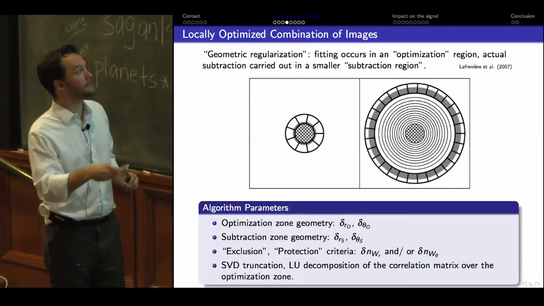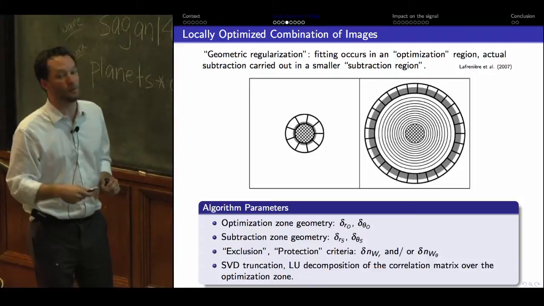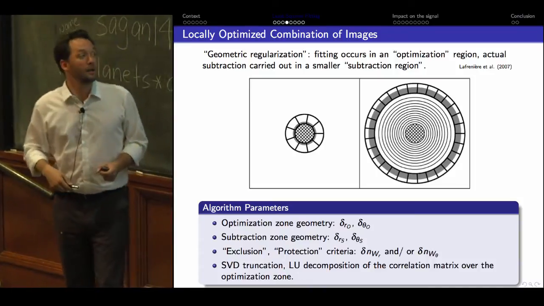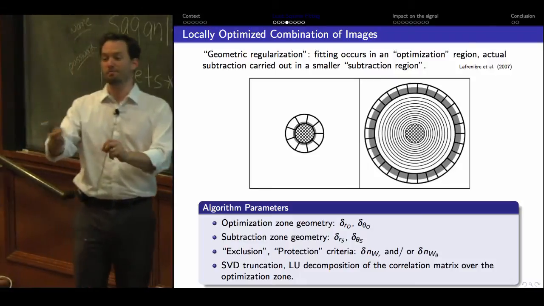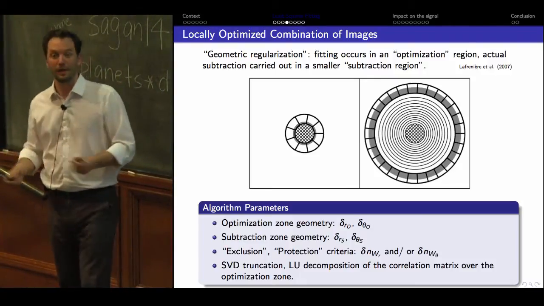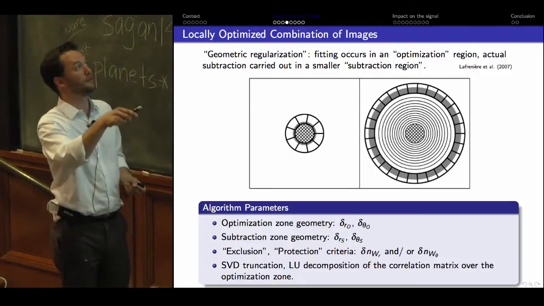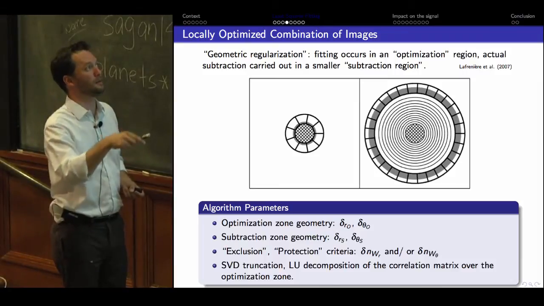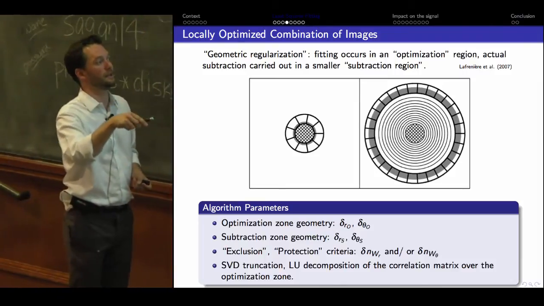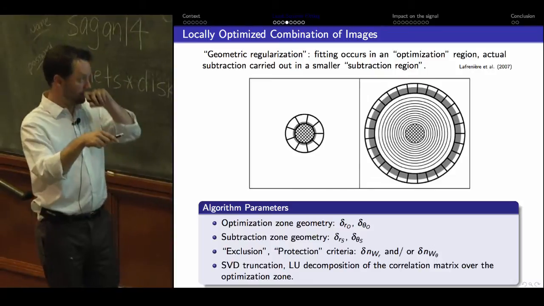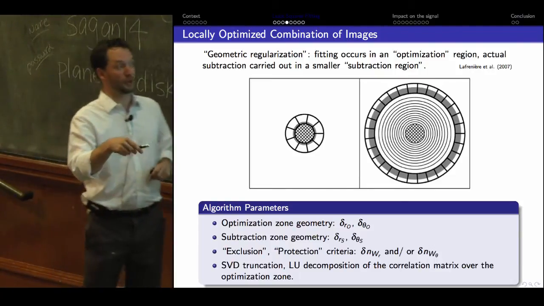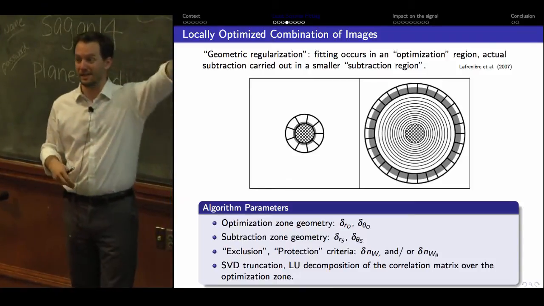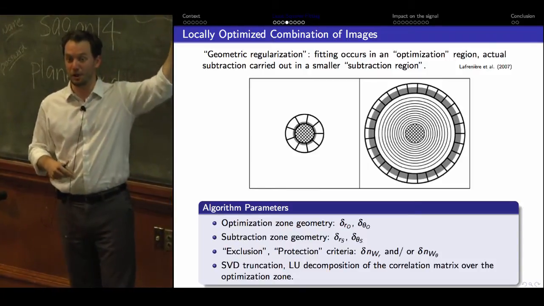And so when you read all these papers, and I'm sure you guys have read some of them, you see all these algorithm parameters. It's all these knobs you can turn to make the reduction look better or worse. And here, well, you have the geometry of the optimization zone. So it's two parameters, delta x, delta y, or delta theta and delta r. The geometry of the subtraction zone. Then you have the exclusion or protection criteria, and I'll go back to that later, but that's in the case of ADI or spectral differential imaging.